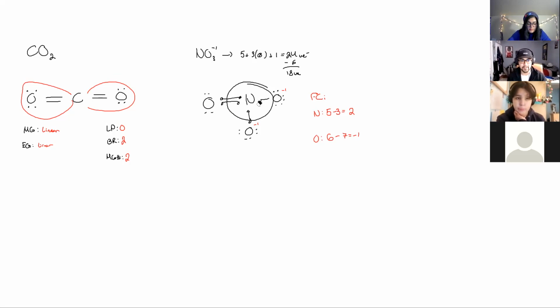So in order to follow the octet rule, we have to make only one double bond and leave the nitrogen positively charged. It still cancels out with one of the -1 charges, but we're still left with a -1. That is why we are left with a -1 charge on nitrate. This is a tricky molecule.